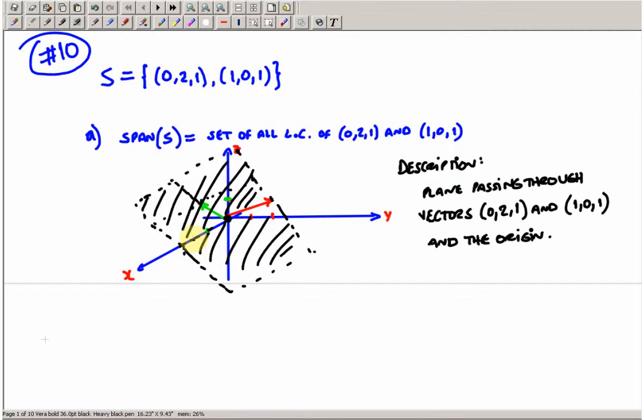Any subspace needs to contain the zero vector.